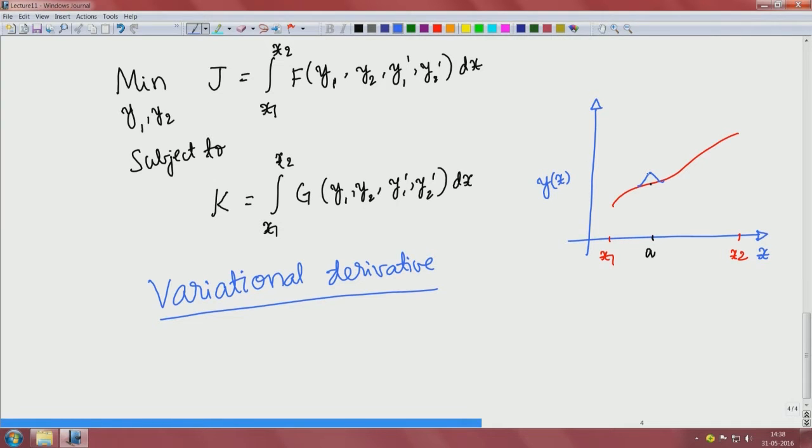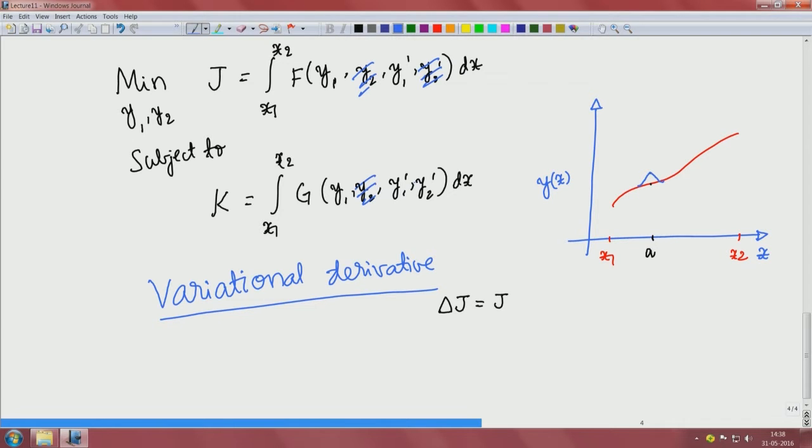So, because of this change at a particular value a in the function y, what will happen to J? In fact, we do not need to take two functions right now, so we can take only one function and knock off the other for our discussion.